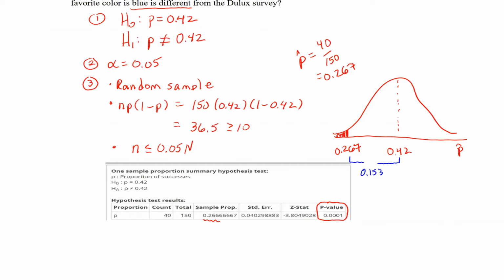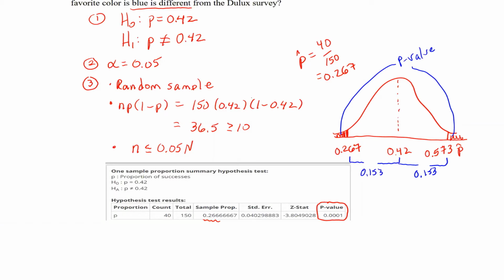And so what StatCrunch is going to do is not only compute the area under the curve to the left of 0.267, but it's also going to compute the area under the curve to the right of 0.573. 0.573 is also 0.153 units away from 0.42. So the p-value in a two-tailed test is the sum of the areas of those two regions.